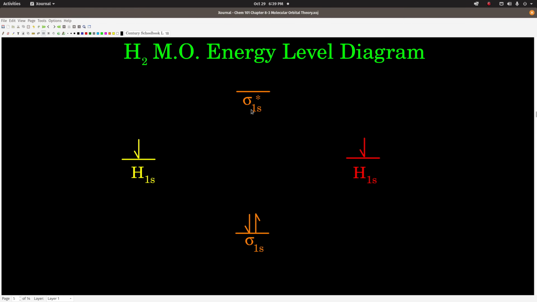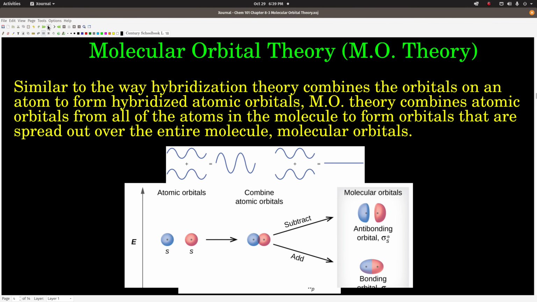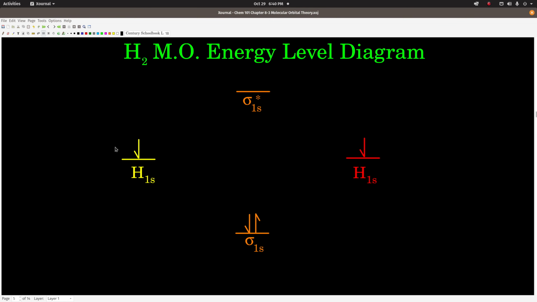And this is just another way of showing this kind of picture right here. In this energy level diagram, energy increases up. So the energy of the atomic orbitals is higher than the bonding molecular orbital, but lower than the anti-bonding molecular orbital.